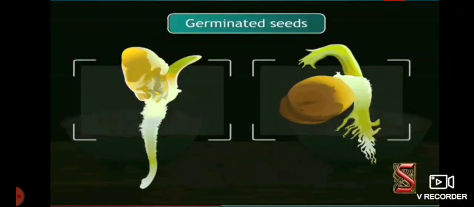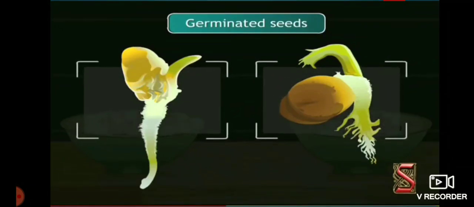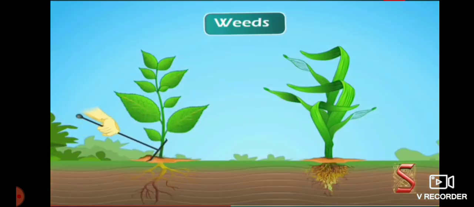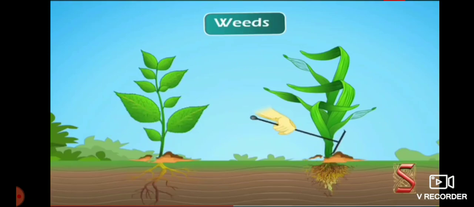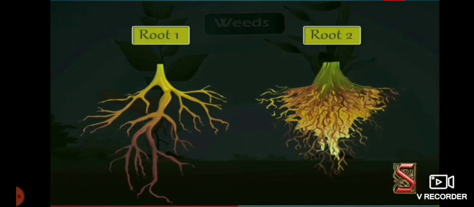For that, we can just have a continuation of the last activity. So, from the last activity, we got the germinated seeds of maize and gram. Look at the roots of it. They were different. Pick out 2 weeds or plants from the surroundings.